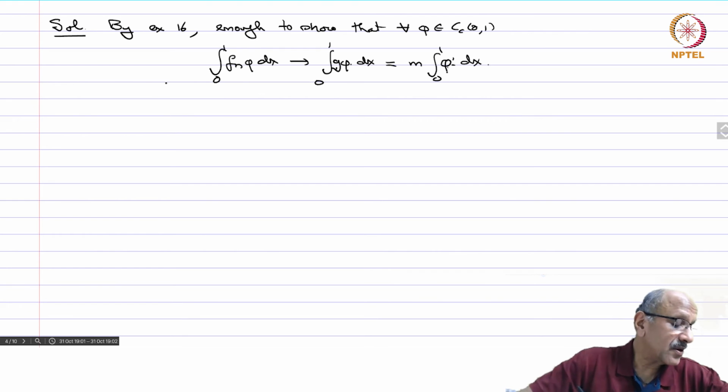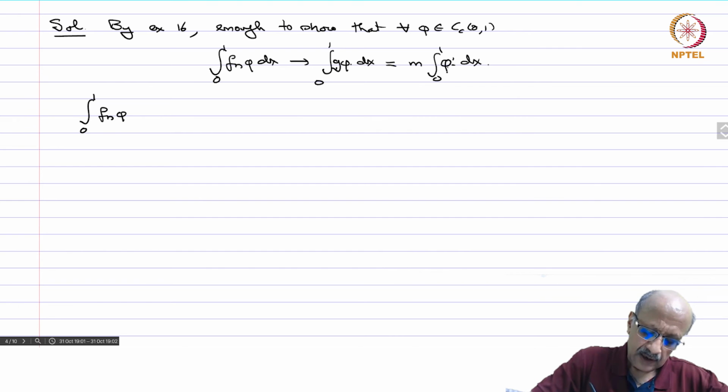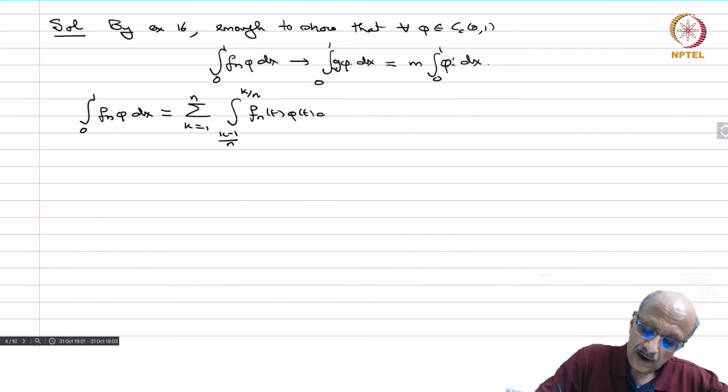So, okay, let us compute this integral. The integral from 0 to 1 of f_n phi dx. That I am going to split into the various intervals. So, sum over k equals 1 to n of the integral from (k-1)/n to k/n of f_n(t) phi(t) dt.